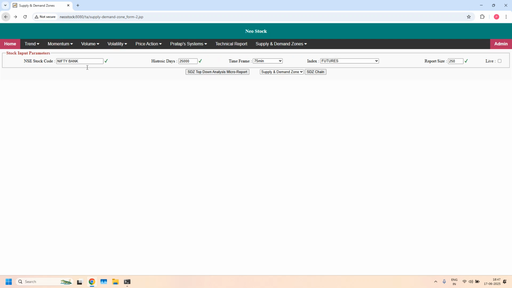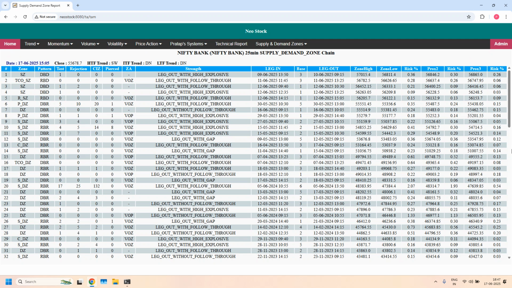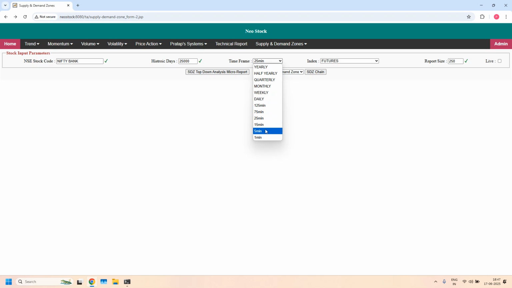Okay, next, generating 25 minutes supply demand zone chain for Bank Nifty. Next, generating 15 minutes supply demand zone chain for Bank Nifty.